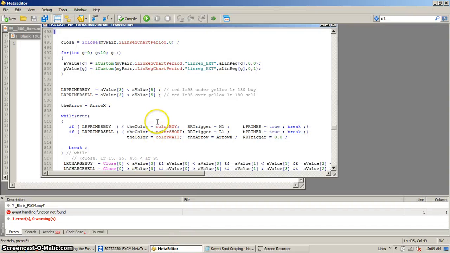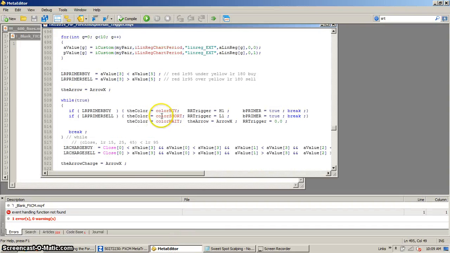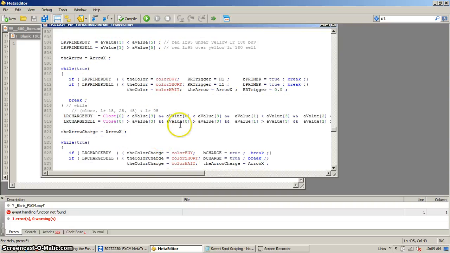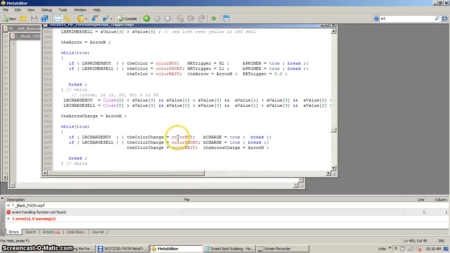Now, next, we need what we call a charge. You see, the close and the linear regression 15, 25, and 45 all have to be under the linear regression 95. Okay? And that's what this code does.